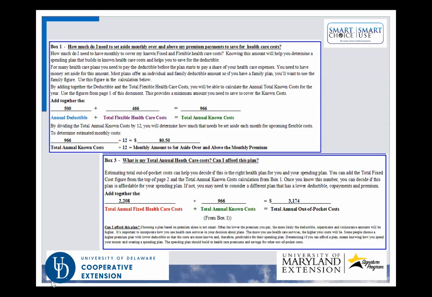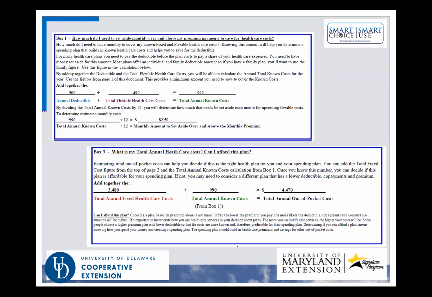So it's really important to crunch the numbers and pay attention to those factors. Looking back over how you use healthcare services is an important step in determining which plan is the best, and also figuring out how much to save for those out-of-pocket costs. So next slide, please.